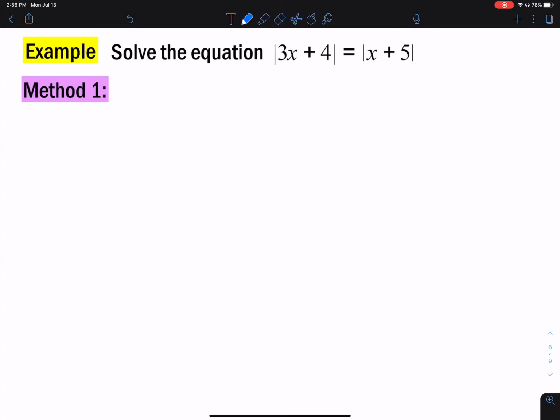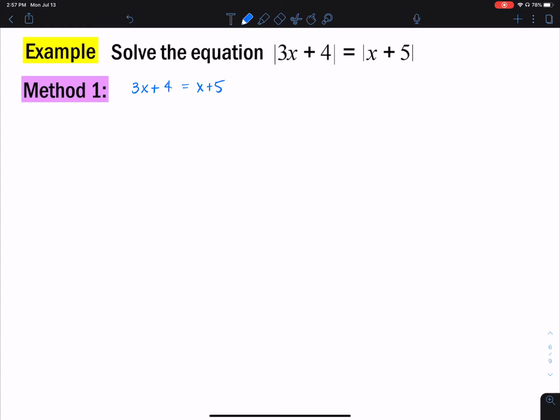So you take whichever absolute value you want to isolate. In this case, I always go with the one on the left. And I would say 3x plus 4 is equal to x plus 5. Okay, so we drop the absolute value bars on the left.